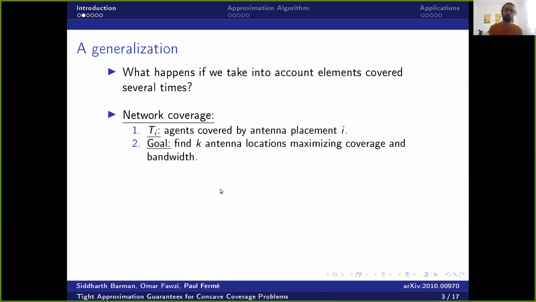For instance, network coverage: you've got some antenna placements which are represented by these cover sets, and you want to place k antennas in order to maximize the coverage among all agents which need this network, and also the bandwidth. So you've got some kind of trade-off between covering everyone and the fact that if more people are covered by a small number of antennas, and even covered twice, this will be better.